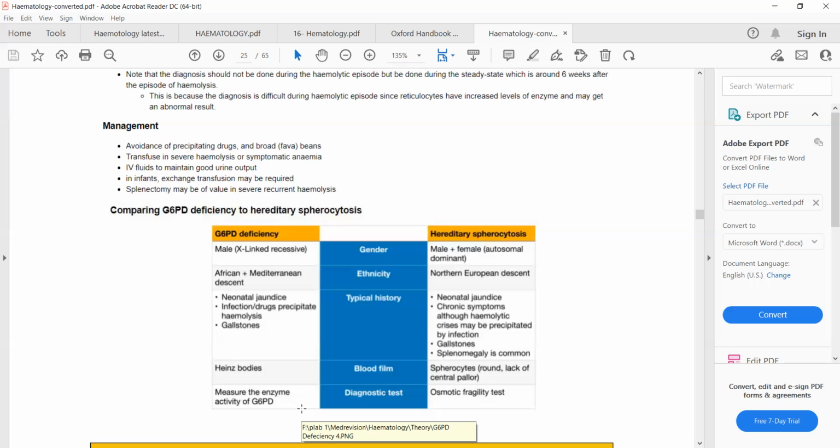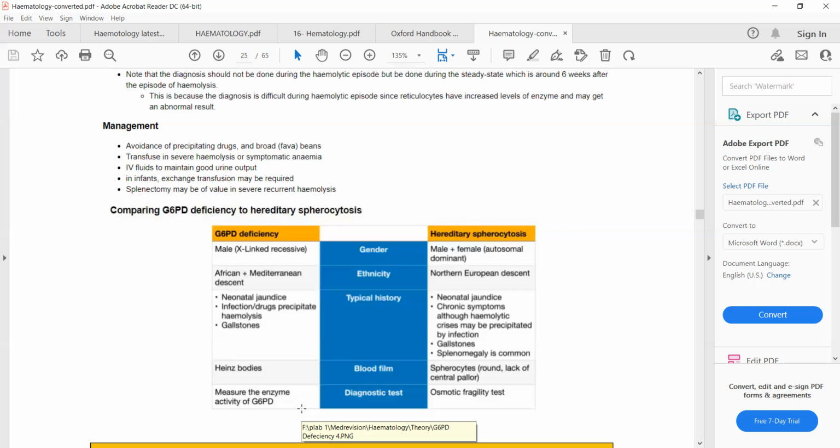So this history is usually common, that is neonatal jaundice, and drugs and infection can precipitate hemolysis. Similarly, in hereditary spherocytosis, though there are no drugs that can precipitate hemolysis, infection such as infection with parvovirus B19 can induce hemolysis in patients with hereditary spherocytosis.